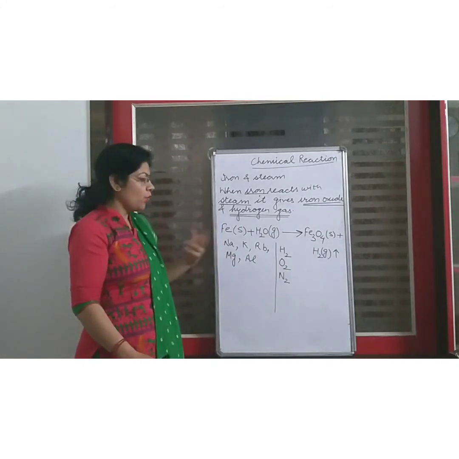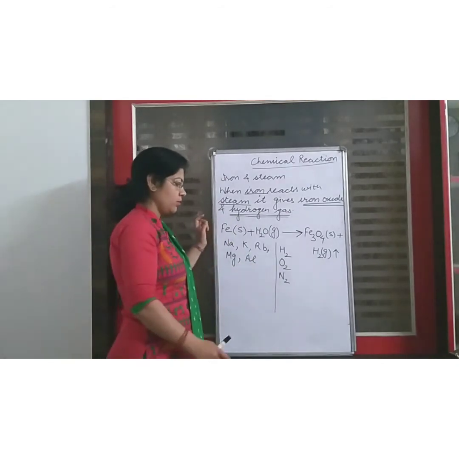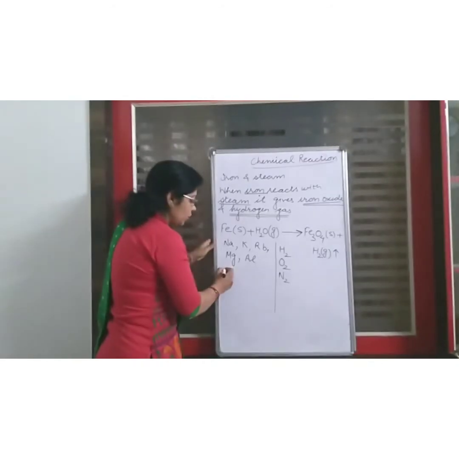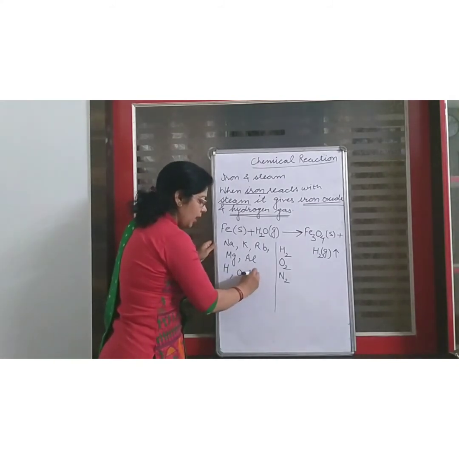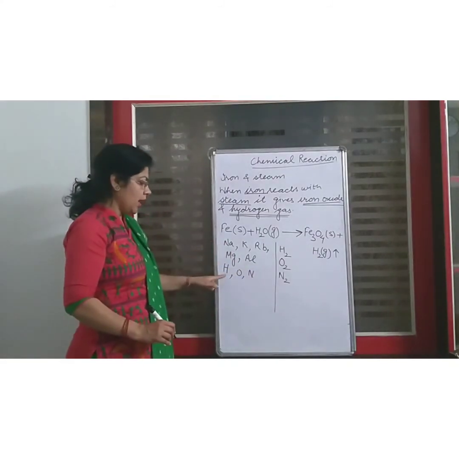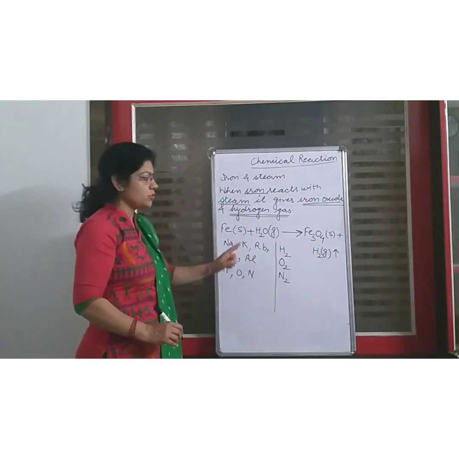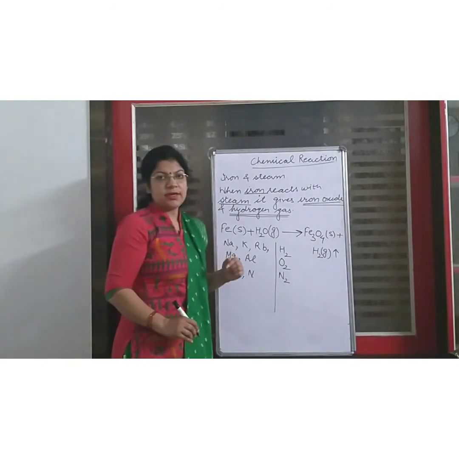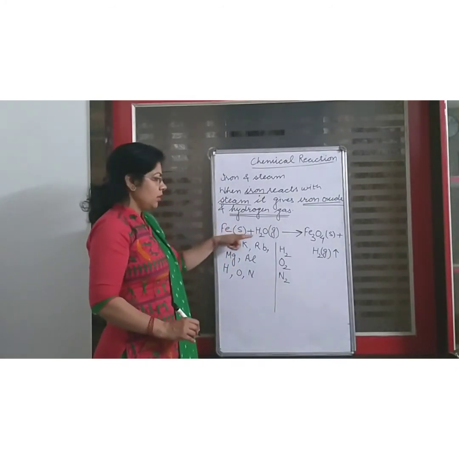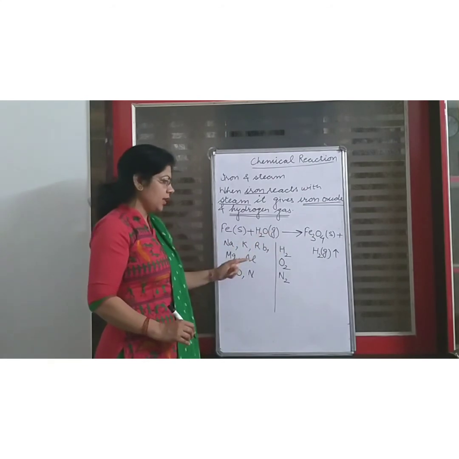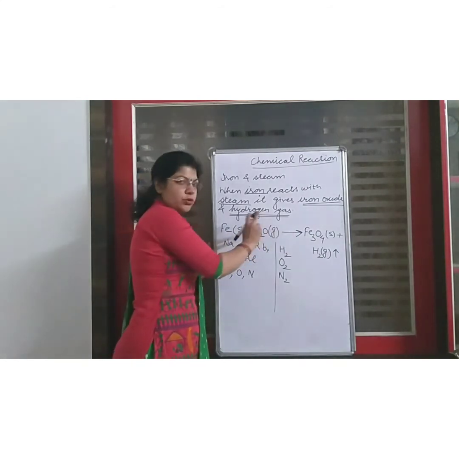If we want to write the atomic state of hydrogen, oxygen and nitrogen, then we use H, O and N. These are the atomic states of hydrogen, oxygen and nitrogen. So the first criterion of writing the chemical equation is that it should be in the form of chemical change. Second, it should be in the molecular state. These all are in the molecular state.